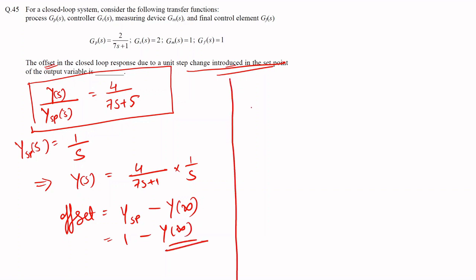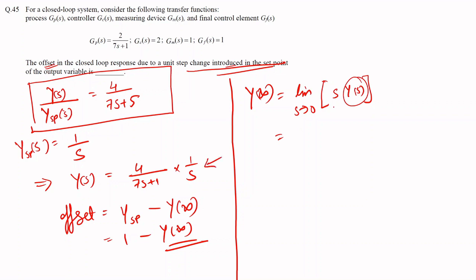To find this Y(infinity), we can use the final value theorem, which states that Y(infinity) is given by the limit as s tends to 0 of s into Y(s). So let's replace this Y(s).